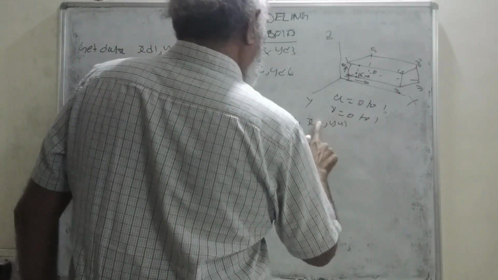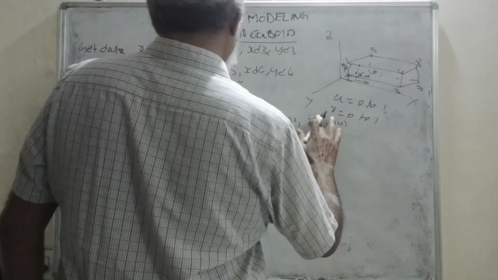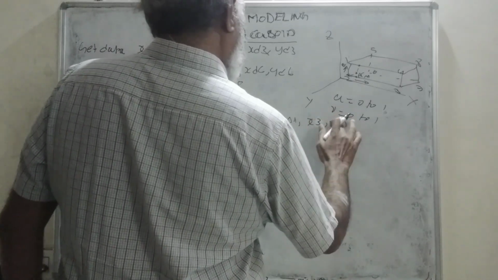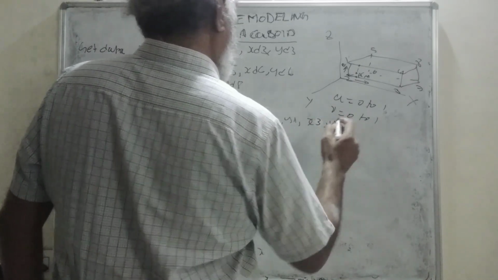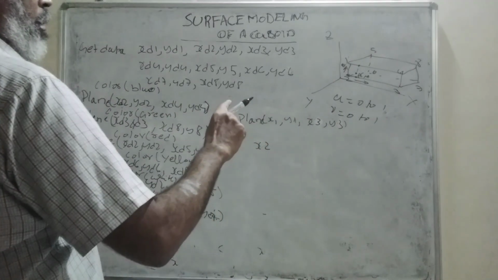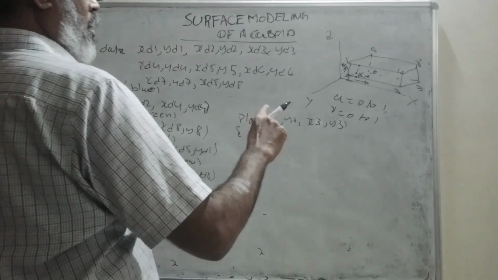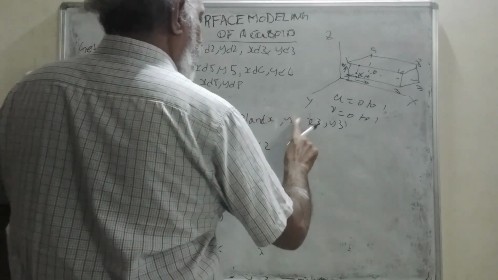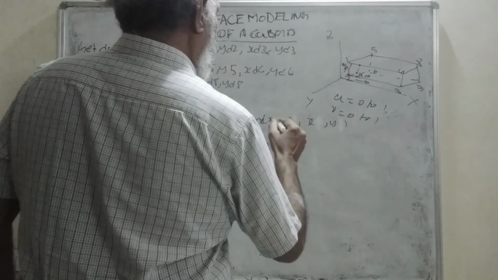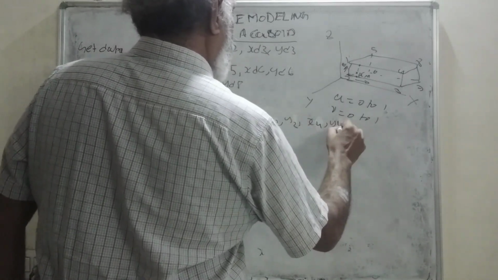If you say this is x3 y3, you are placing 1 and 3. Or otherwise you can put like this, 2 and 4. This is x2 y2 and this is x4 y4.